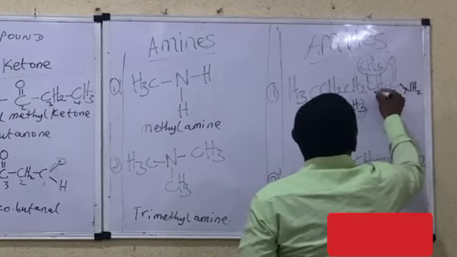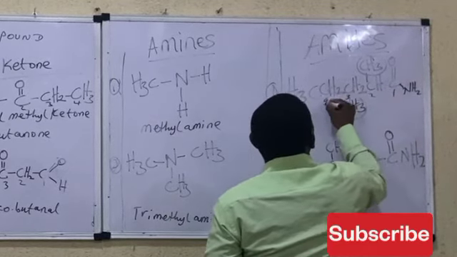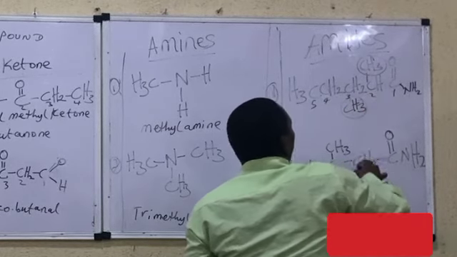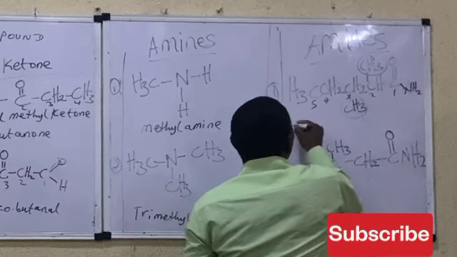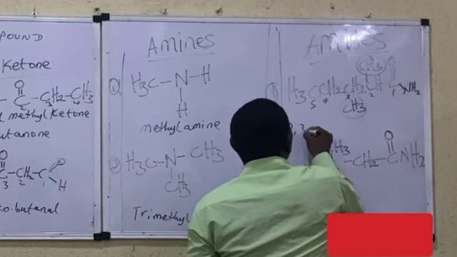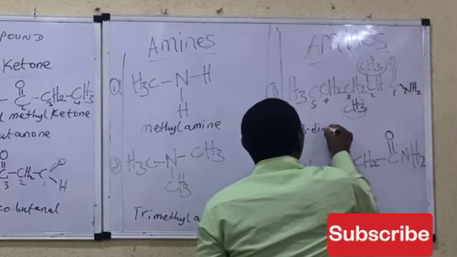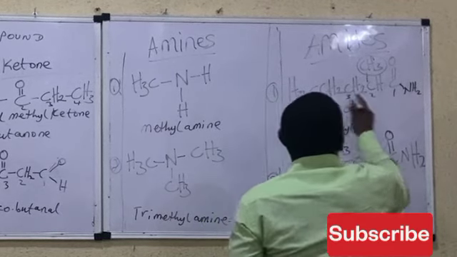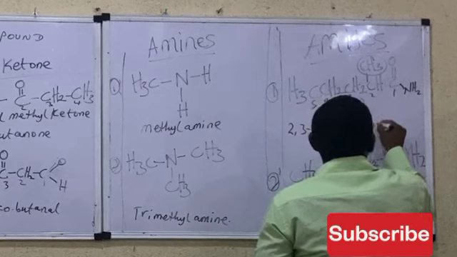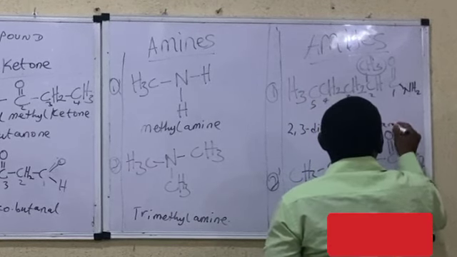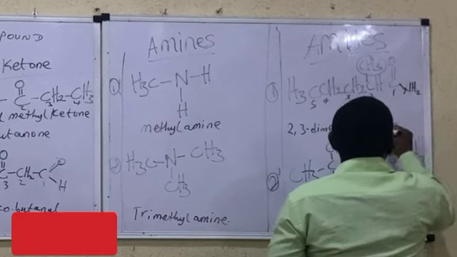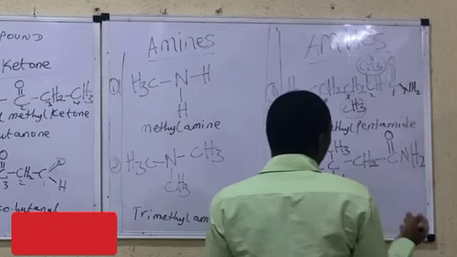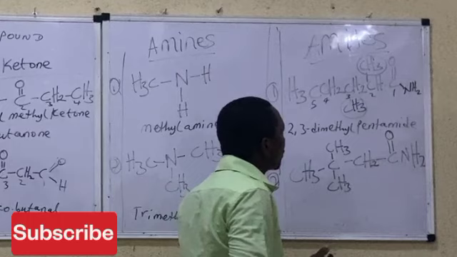So let's count 1, 2, 3, 4, 5. We have one methyl group at carbon 2, one methyl group at carbon 3. So we have 2,3-dimethyl. Now it's pentamide. All right. So here, take note.